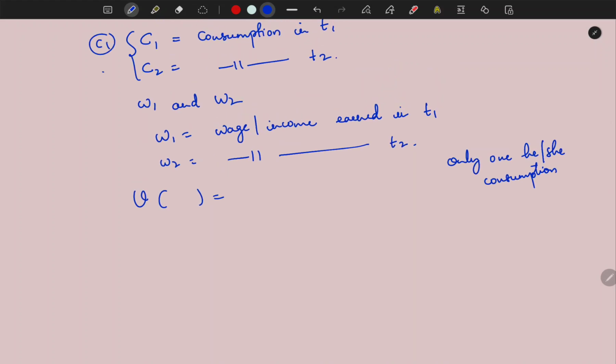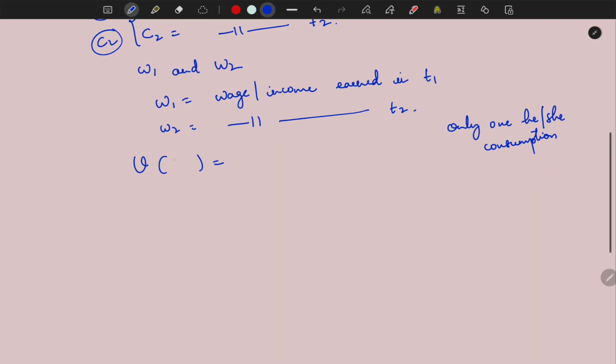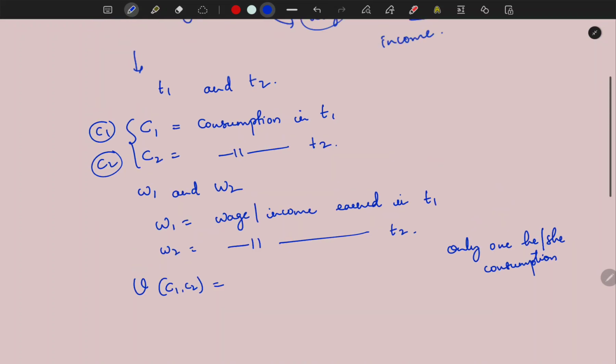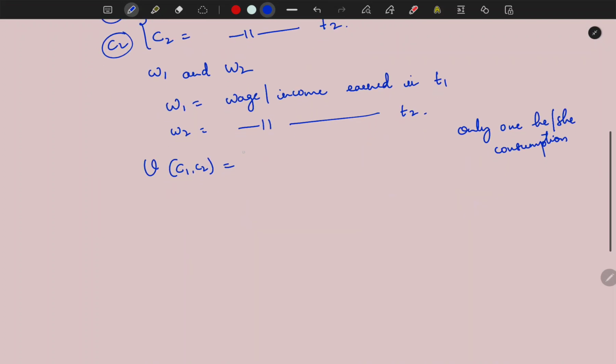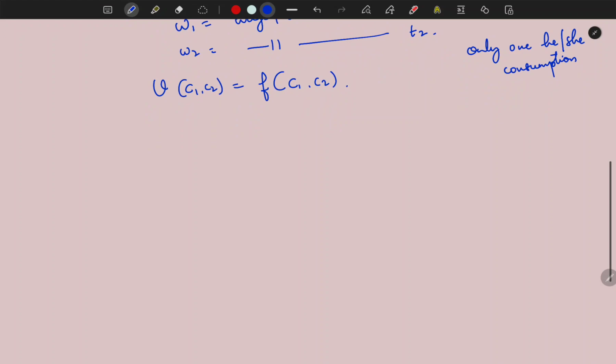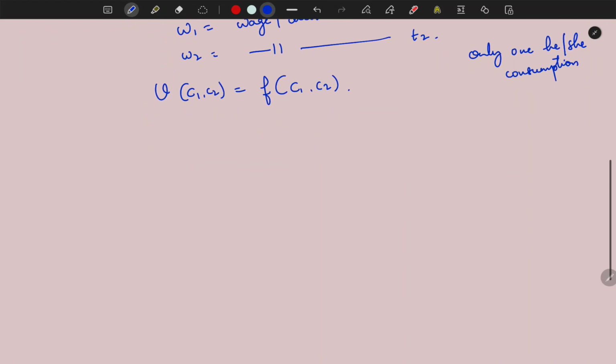C1 at first period and C2 at second period. So we are optimizing this C1 and C2. All right, it's a function. So the function is C1 and C2. And how is that going to happen is a question now.